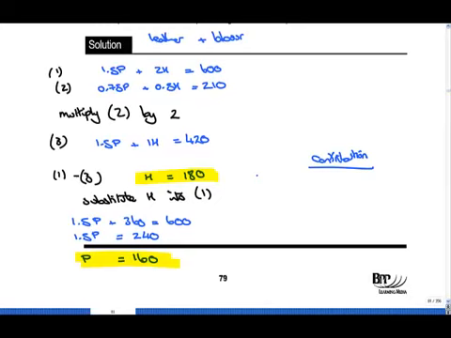Handbags $6, purses $5. So 1880 would be our resulting contribution.